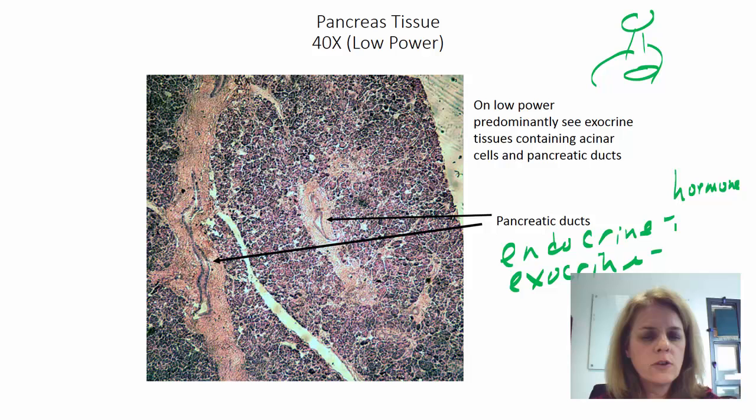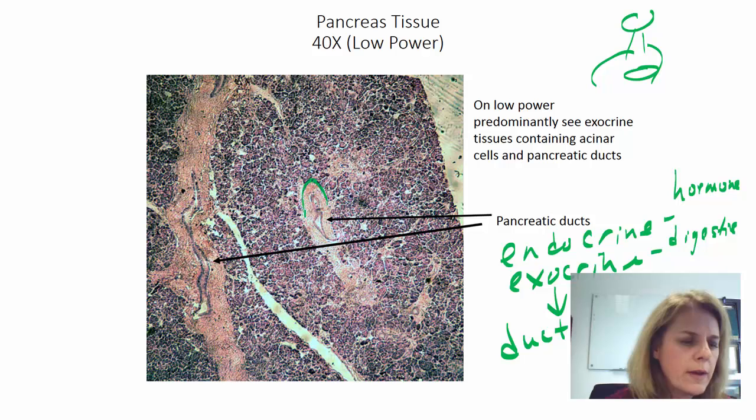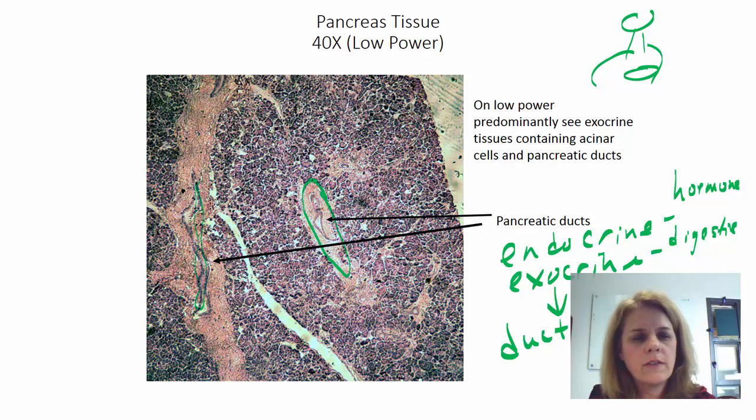The exocrine is going to be the digestive. And the exocrine means they're going to leave the organ through a duct, very much like a sweat gland, remember that? So they make something that's going to leave through a duct. So these are pancreatic ducts, all right? So this is the exocrine portion of the pancreas.